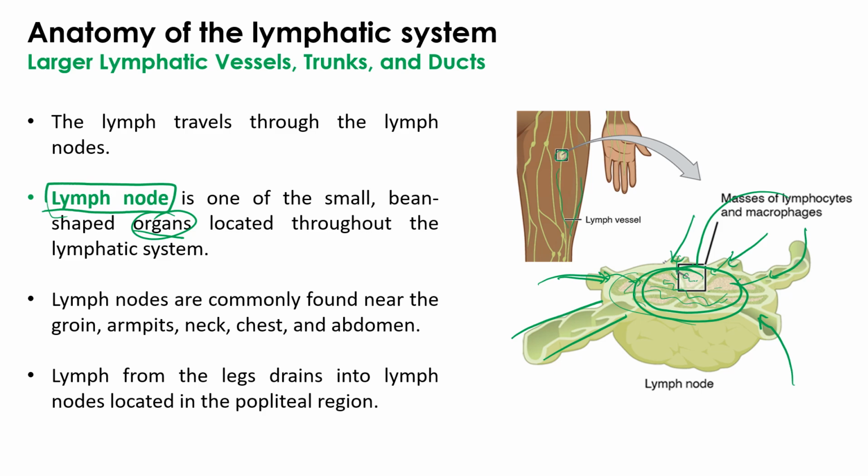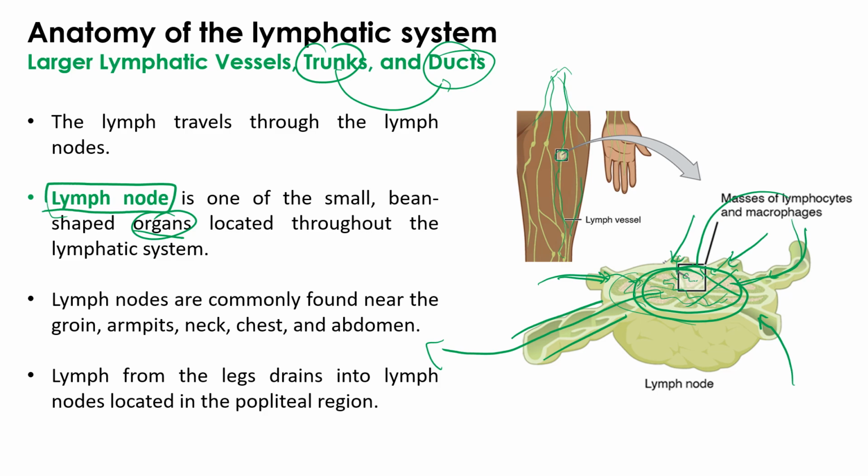If you encounter a bacteria trying to move through your body using the lymphatic system, it will get destroyed there. Then the lymph, once it's checked and clean, can keep moving from these lymph nodes to form lymphatic trunks and then lymphatic ducts.